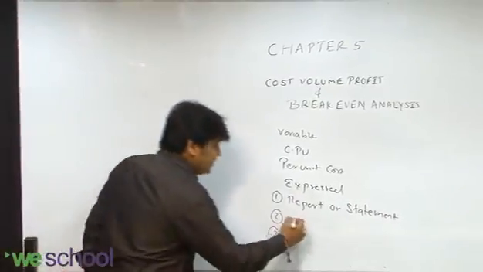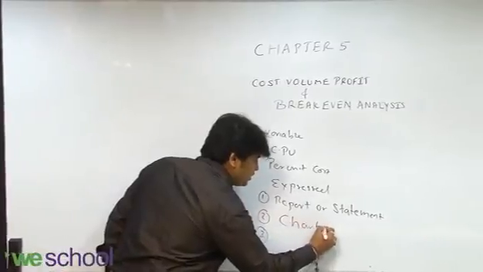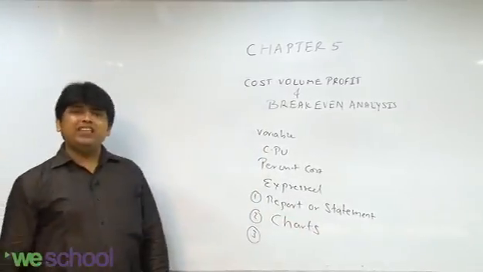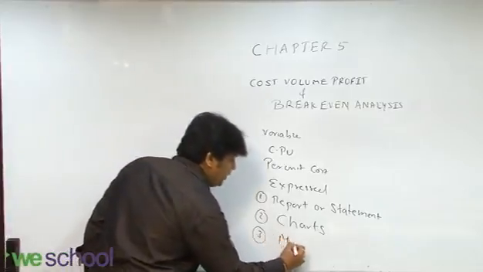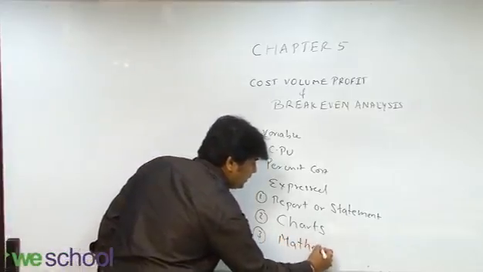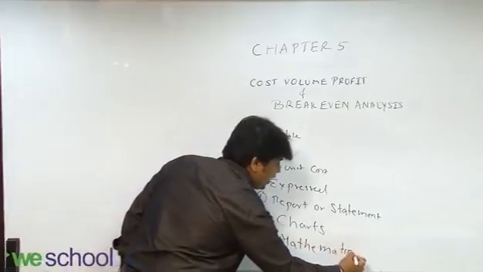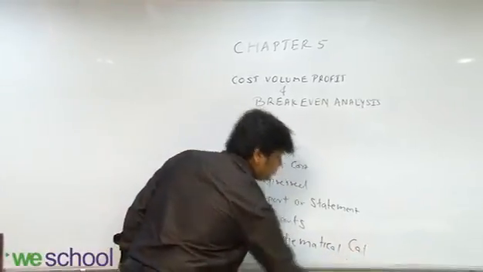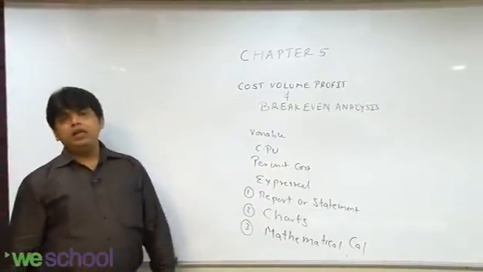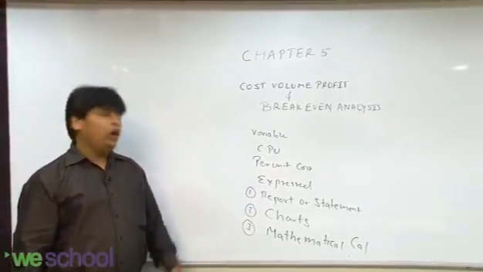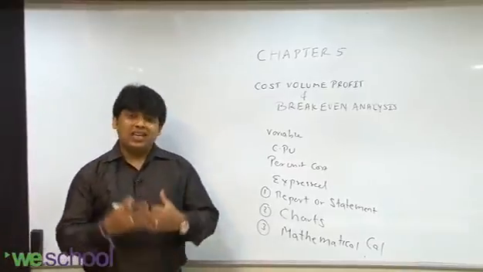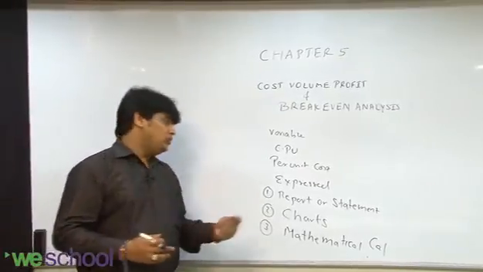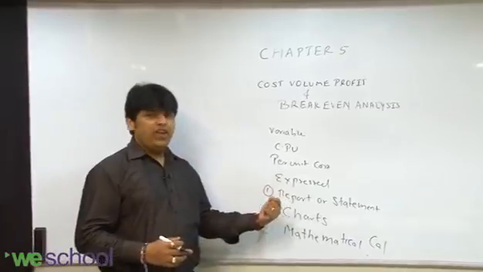Second, it can be expressed in charts, and third, it can be expressed by the mathematical calculation method, or mathematical deduction method. So cost volume analysis can be expressed in terms of three various methods.